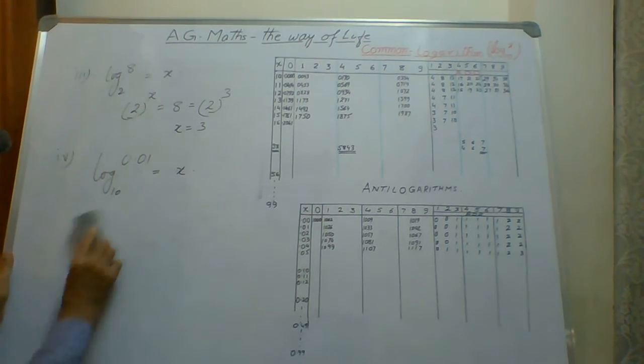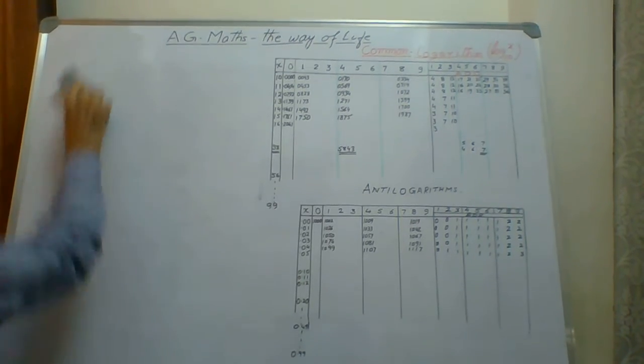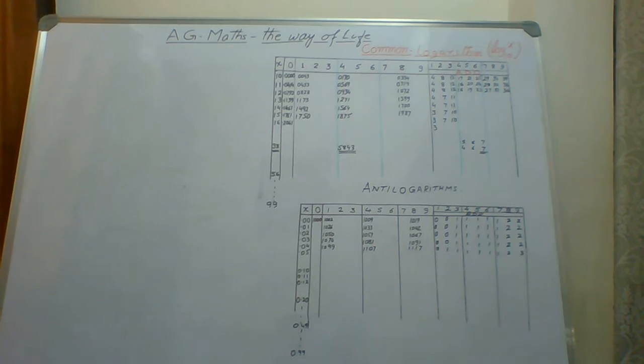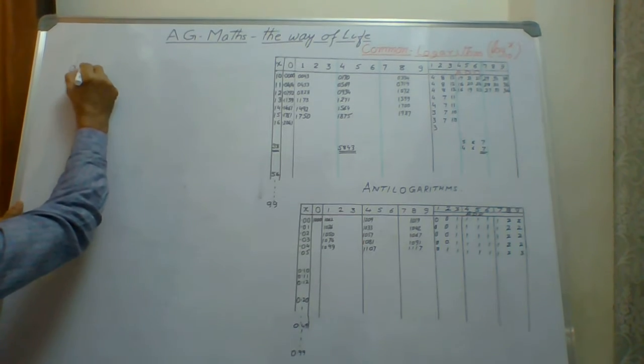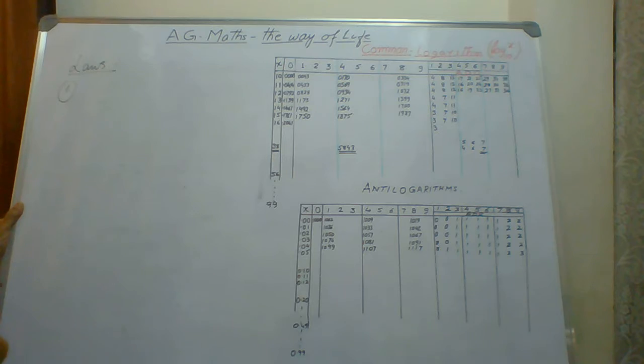Now there are certain laws of logarithm which we also need to know before we go for the exercises. First, there are three laws. What are the laws? Number one is called the product law.